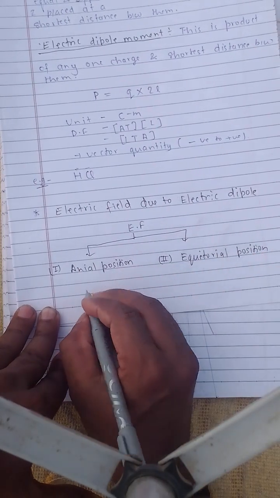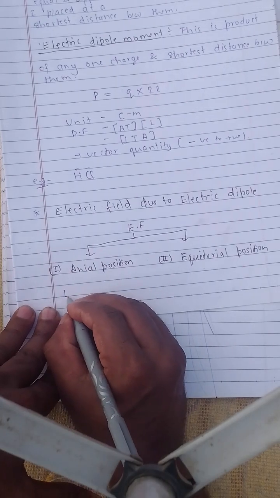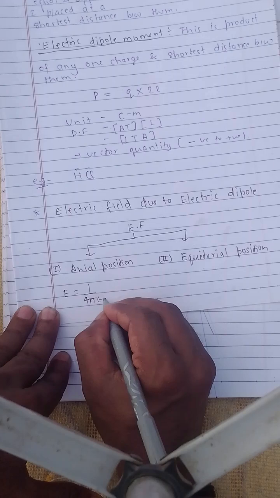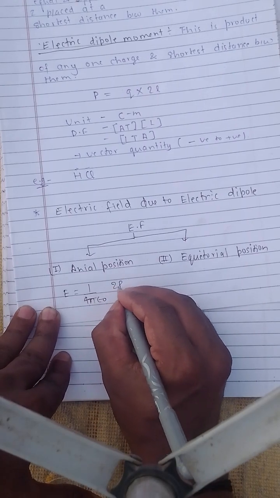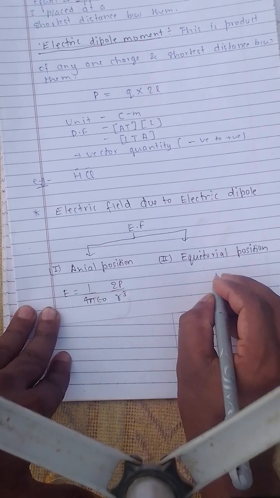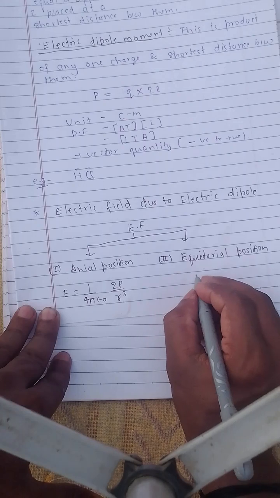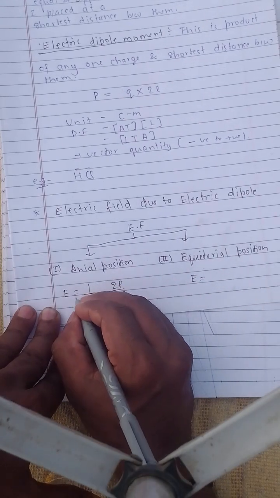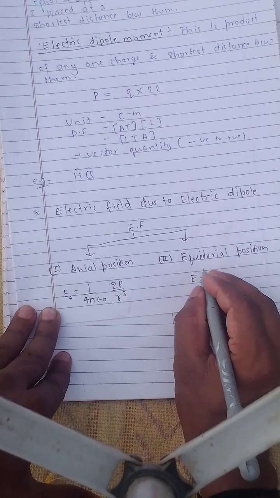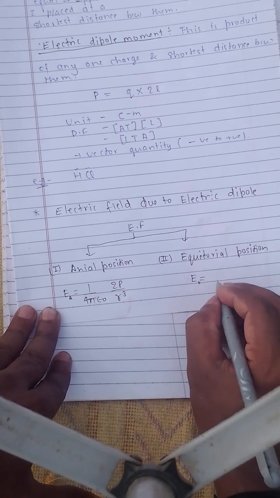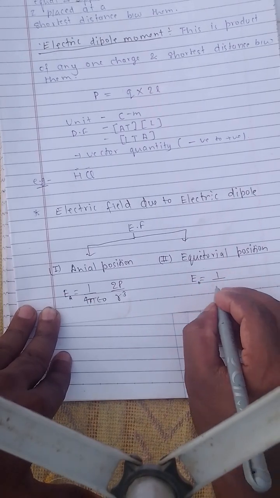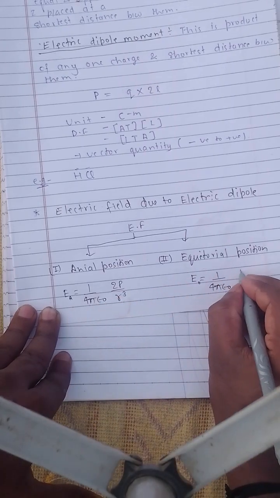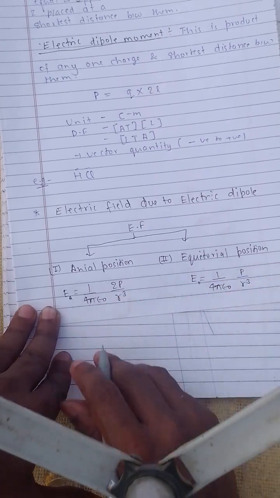Here we get the expression E is equal to 1 upon 4 pi epsilon naught, 2p upon r cube, and here we get the expression for E axial, EA, and E equatorial, EE, 1 upon 4 pi epsilon naught, p upon r cube.